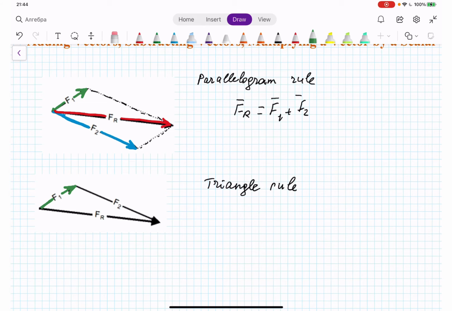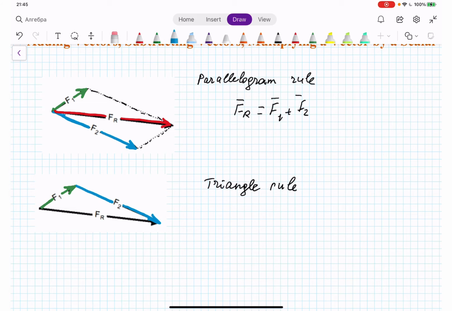And then from the end of the first vector, draw the second vector, also taking into account that it has a size, or length, and a direction. So I'm starting the second vector from the end of the first one. As you can see, in the parallelogram I was starting from the beginning. In the triangle, I'm starting from the end.